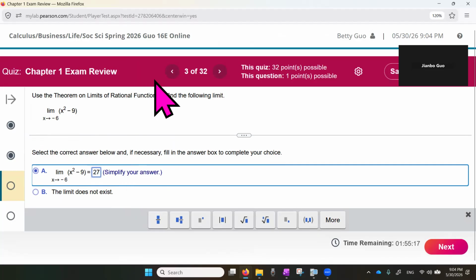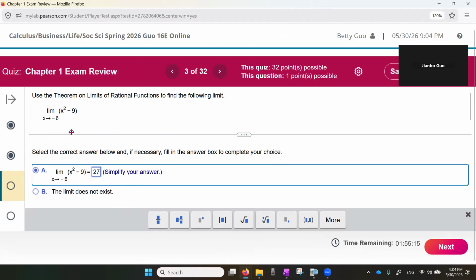All right? For polynomial functions, when we need to find a limit, simply plug in the value that x approaches. Here it's -6, so you just need to plug in -6. 36 minus 9 is 27 here. Next.